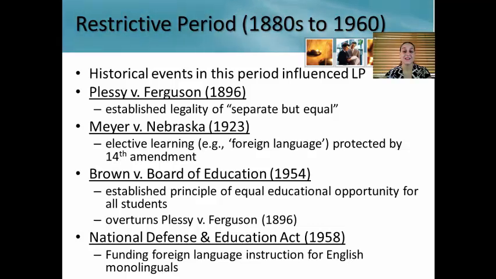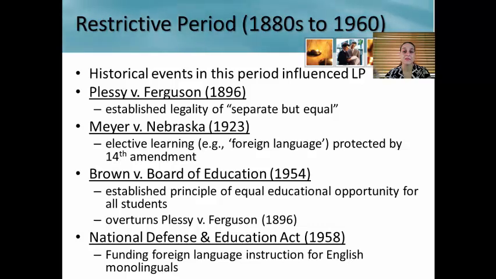So, what was really interesting about this fund was that it was only provided for English monolingual students and not for students who came from non-English language backgrounds. So, even if you had a student that spoke Russian, because their family was Russian, they had learned it at home or in some sort of heritage program, which would be unlikely at that point, but they had the language already, this fund was not available for them.